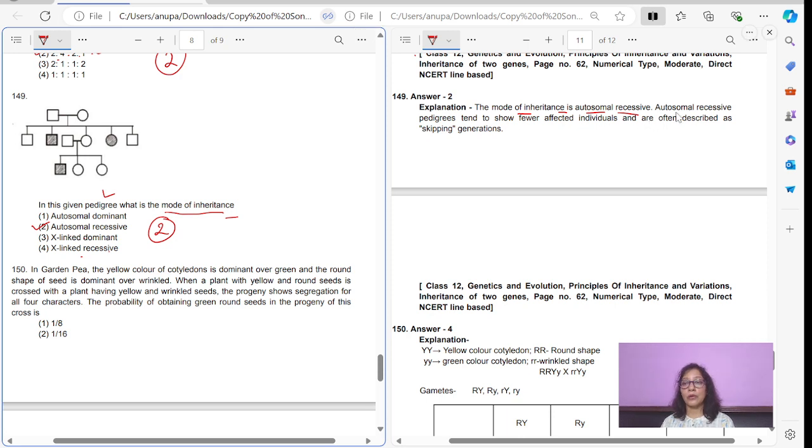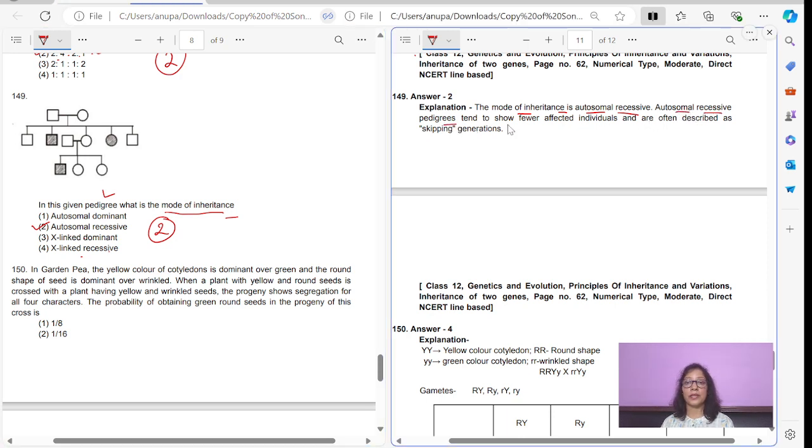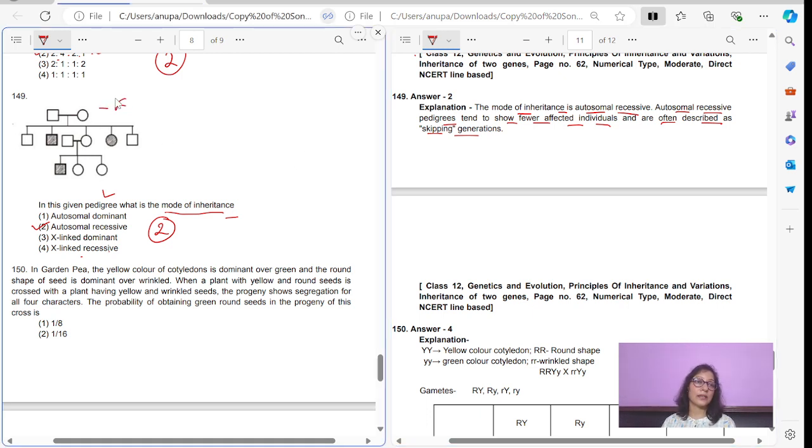And why? Because an autosomal recessive pedigree tends to show fewer affected individuals. Only a few individuals are affected and it is often described as skipping a generation, meaning one of the generations is unaffected. Here you can see that this is the first generation, this is the second generation, and this is the third generation.